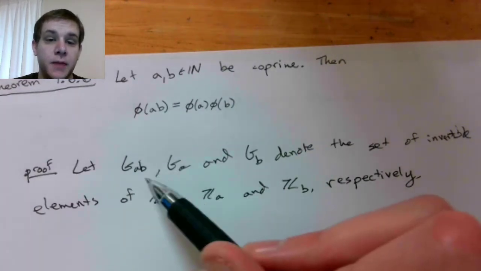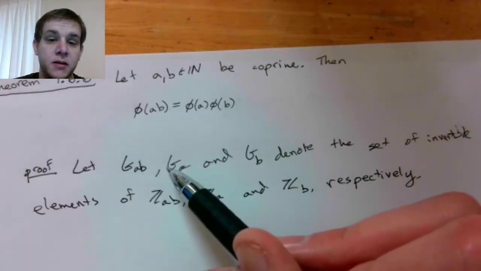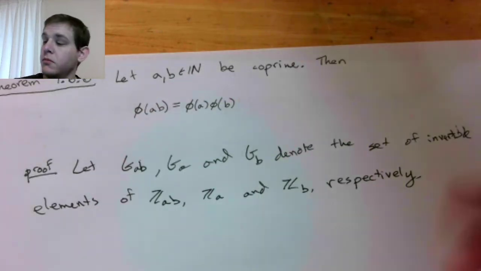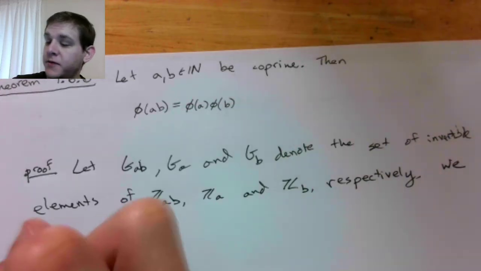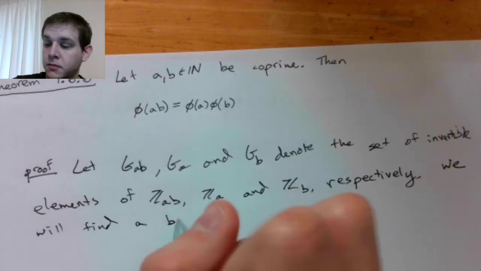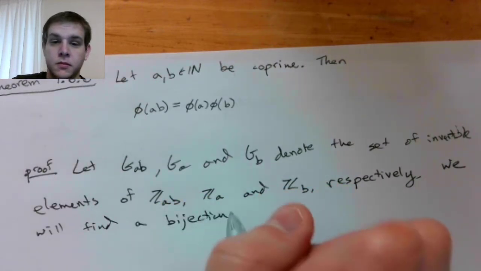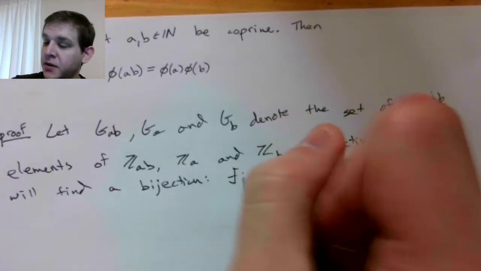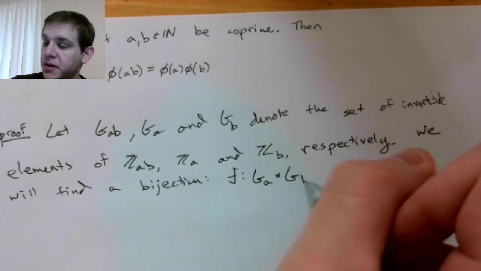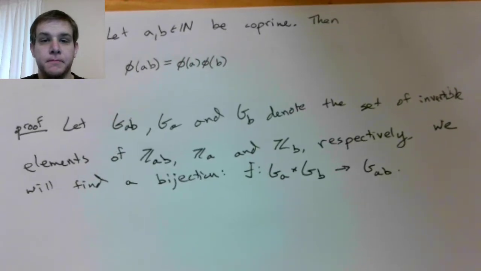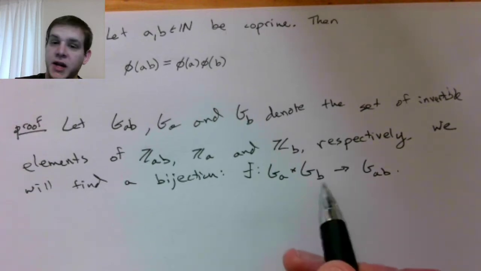So G sub AB is the set of invertible elements in Z_AB, G sub A is the set of invertible elements in Z_A, and so on and so forth. So we will find a bijection, let's give this bijection a name, F, from G sub A cross G sub B to G sub AB, right? And this is enough.